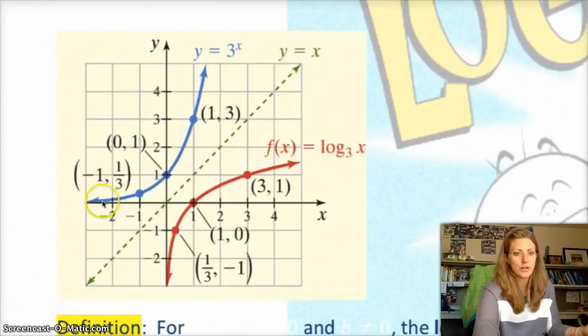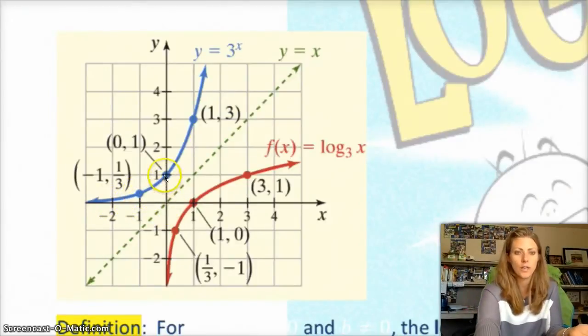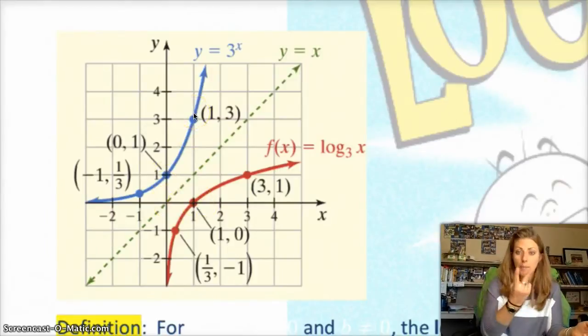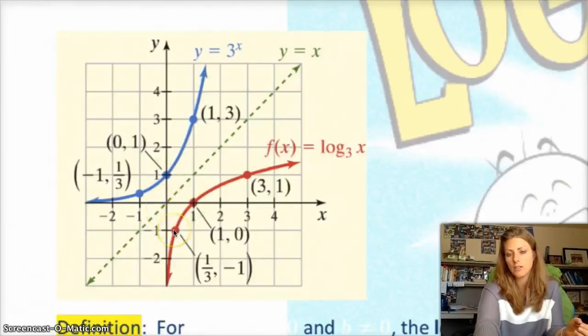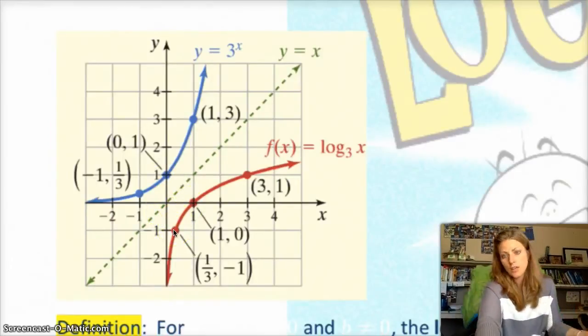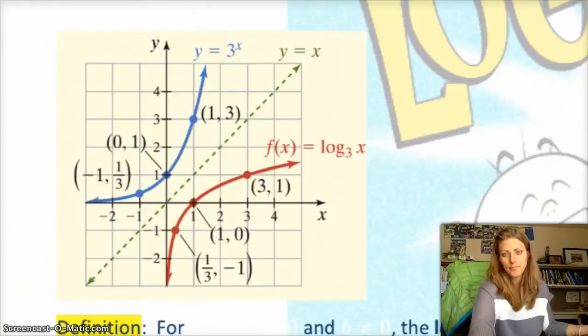And also you'll notice on the exponential function, we have the points (-1, 1/3), (0, 1), and (1, 3). And so the opposite of those points: (3, 1) is right here, (1, 0) is right here, and then (1/3, -1) is here. So again, it shows you that they flip-flop the points.